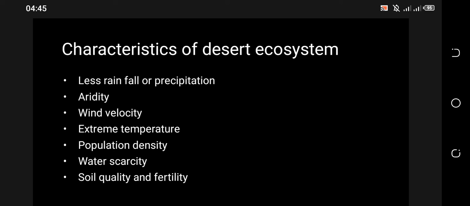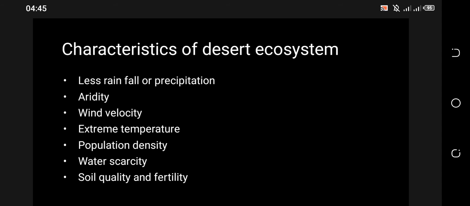Population density of desert ecosystem is low. This is so because some plants or organisms may not survive in this type of ecosystem. As such, they will have to find a habitable environment. As such, the population density of desert ecosystem is low.